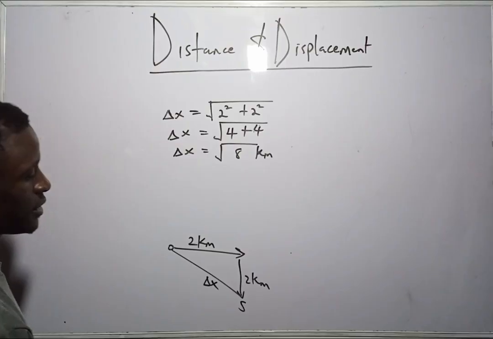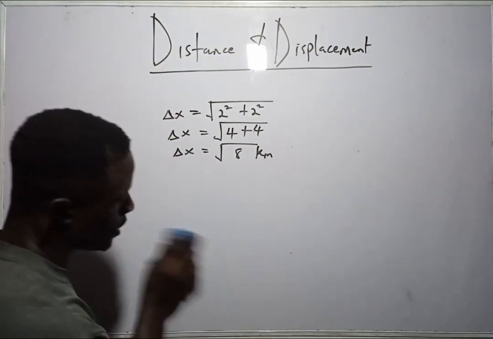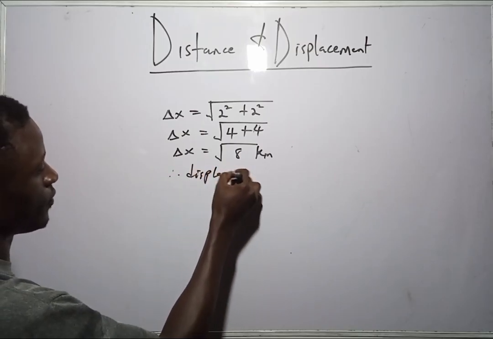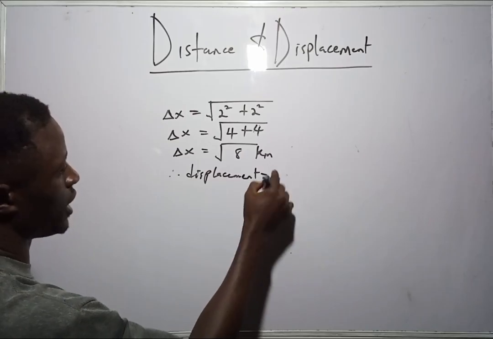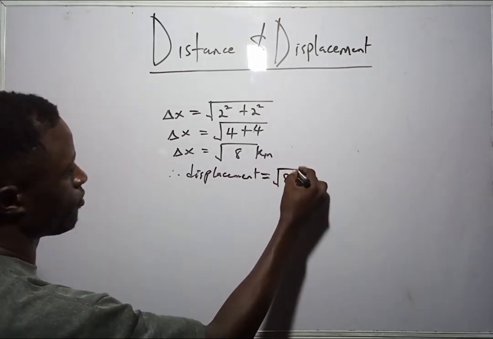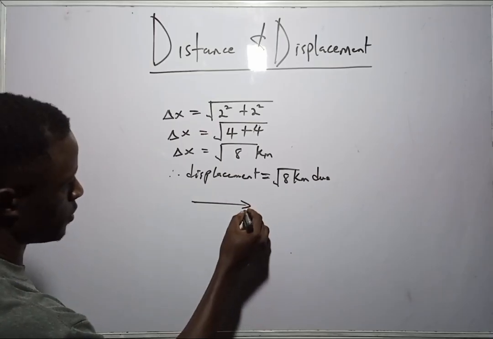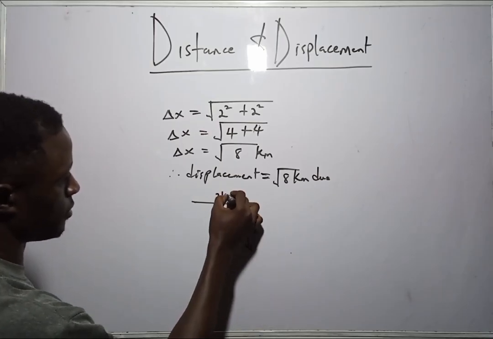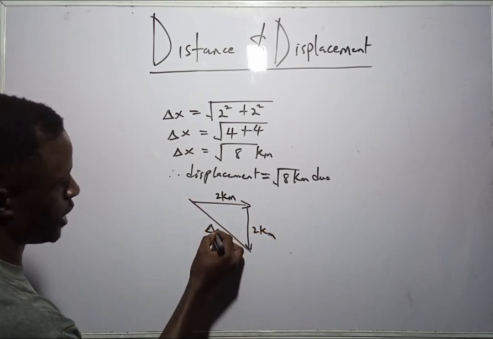Now the distance. I remember the diagram, so I can say here that the displacement is equal to root 8 kilometers due... I want to show you the direction. It was like this, the x.